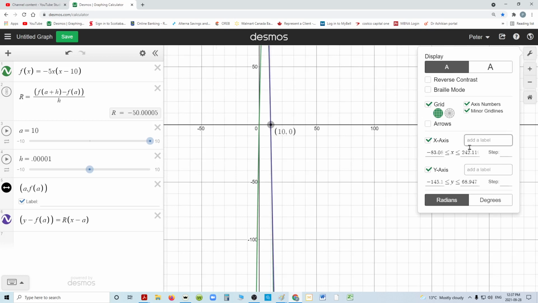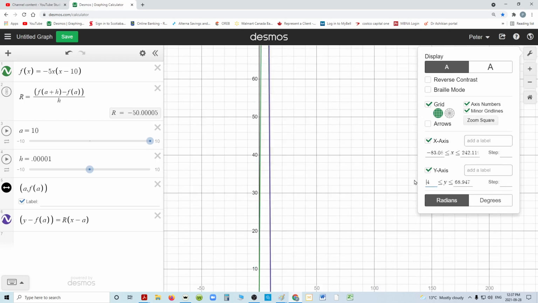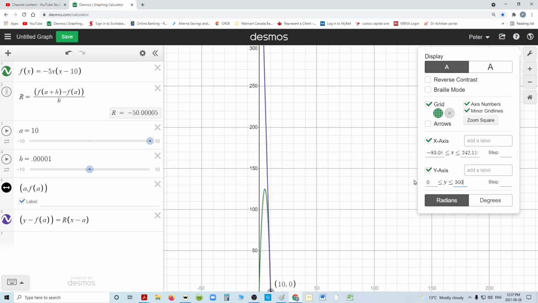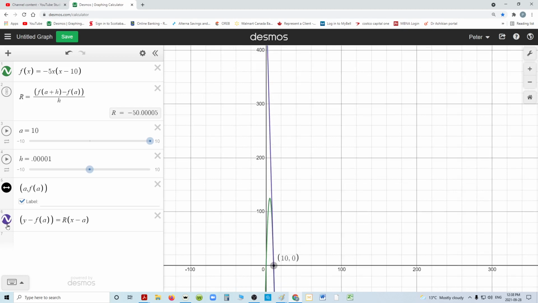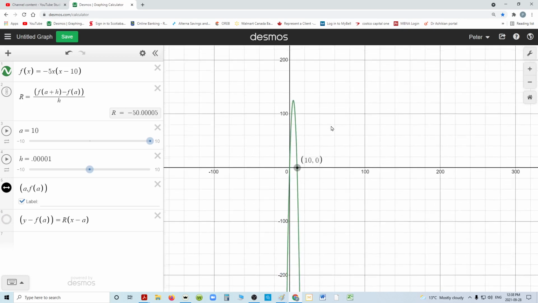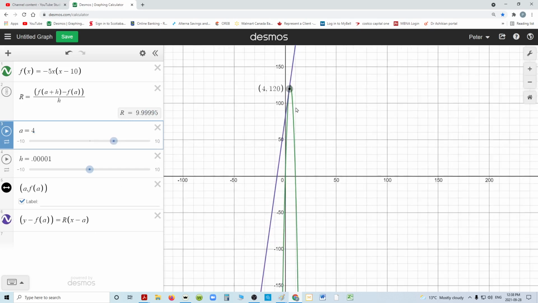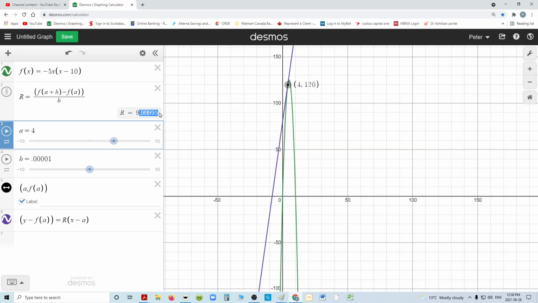I'm just going to make my y's a little bit smaller so that I get a better idea of that. I'm going to turn off my tangent line for a second, and it's clear the rate of change was indeed minus 50. I'm going to confirm it for 4 now, and I'm going to put on the tangent line for that. It's clear at 4 my rate of change was positive 10.